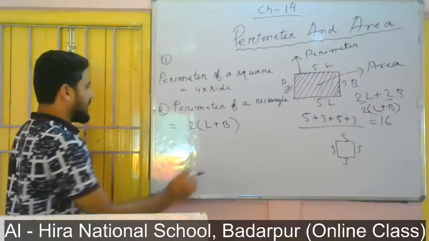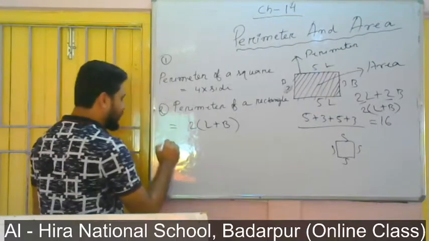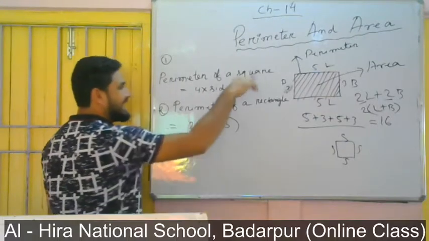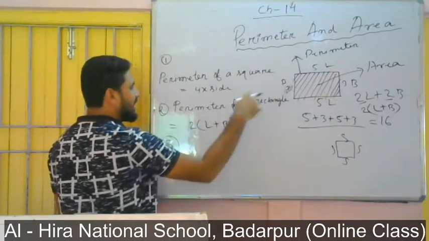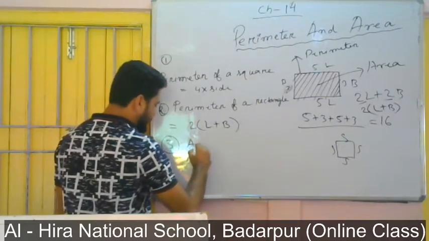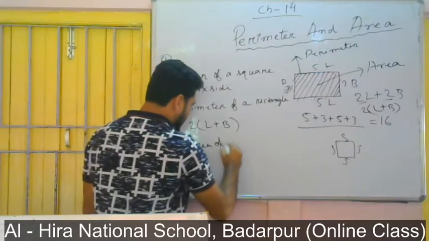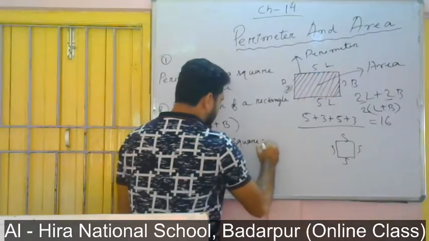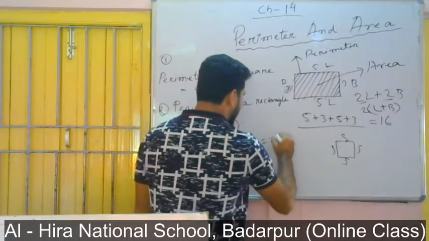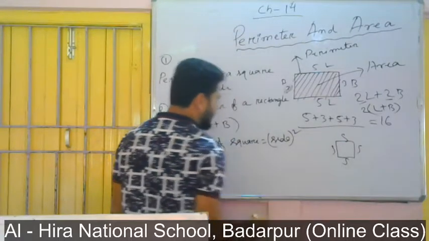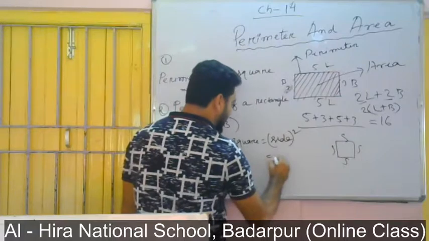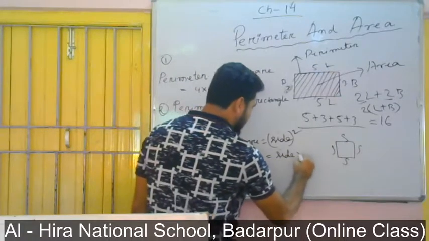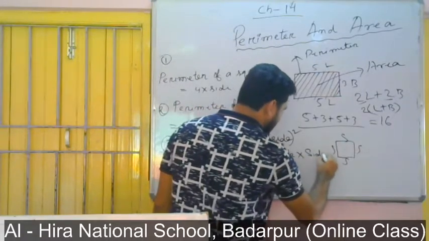Okay. Now to write the formula for area of rectangle and square. So write area of square will be side square. Side square. Okay. Side square means side into side. Side into side.